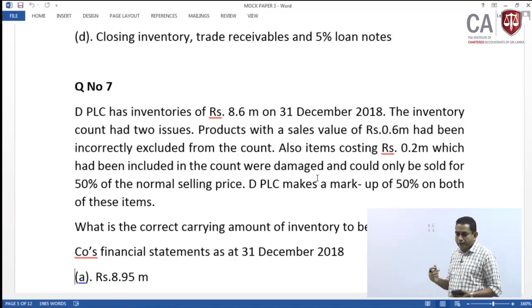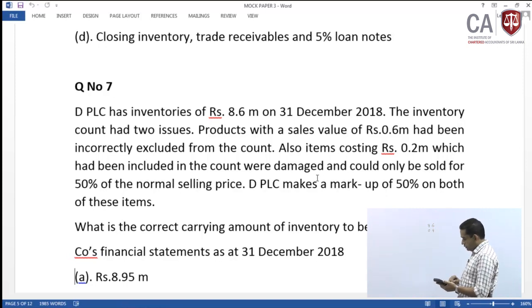NRV has to be calculated. To calculate the NRV, you need to first add the markup, 0.2 into 150%, that is 0.3. But NRV seems to be just 50% of the normal selling price. So we will divide it by 2 now.